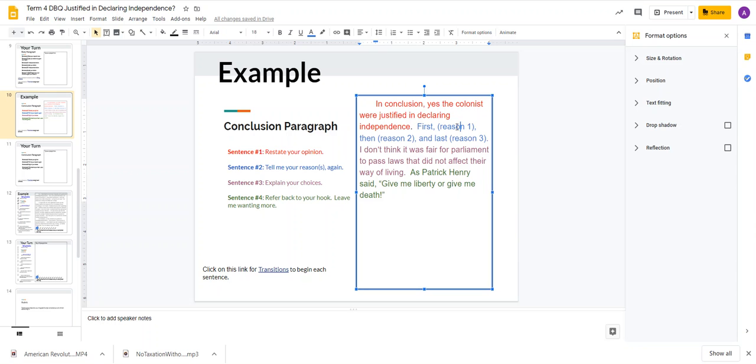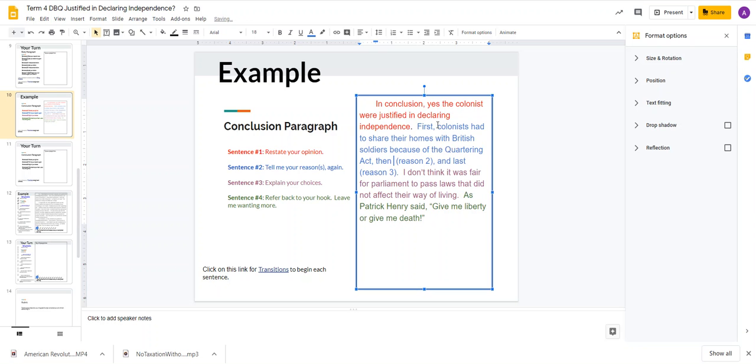And then expand on that. First, colonists had to share their homes with British soldiers because of the Quartering Act, comma. So here, I'll just type that real quick. That's my first reason. Colonists had to share their homes with British soldiers because of the Quartering Act.